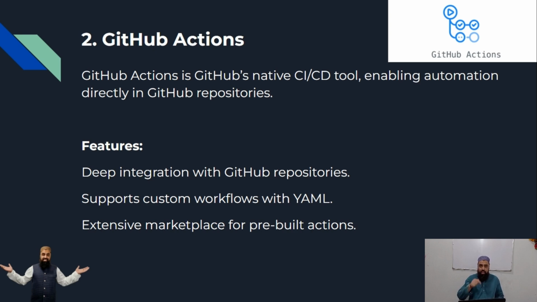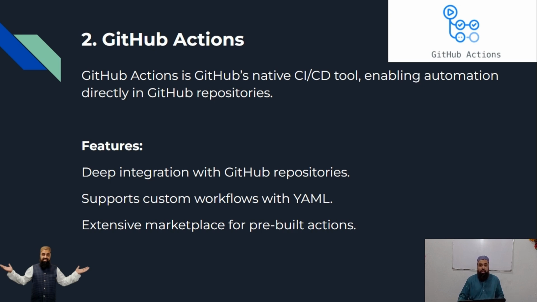Then after that, if you want to build and deploy that code, you can write the CI/CD pipeline within that repository's environment to build, test, and deploy code. And GitHub Actions is a fantastic CI/CD tool with a lot of features like deep integration with GitHub repositories, support for custom workflows with YAML, and an extensive marketplace for pre-built actions.